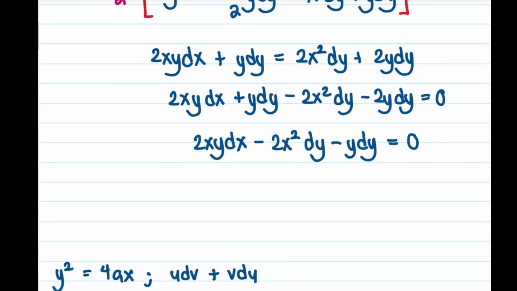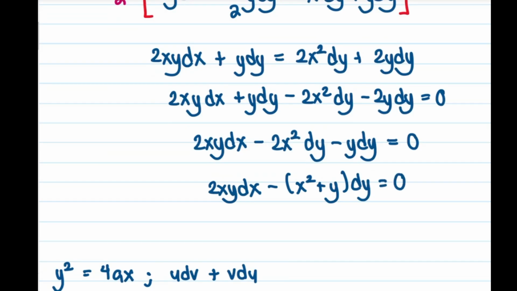Simplifying further, this one will have negative x squared minus y plus y dy equal to 0.